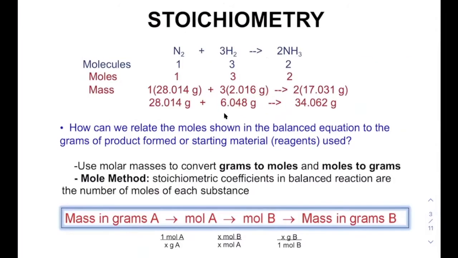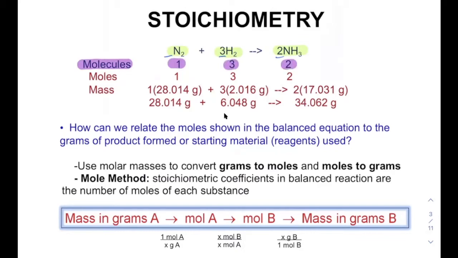So if we're talking about taking nitrogen, reacting it with hydrogen, giving us ammonia, in the balanced chemical reaction, we have 1 molecule of nitrogen combines with 3 molecules of hydrogen, giving us 2 molecules of ammonia. If we look at the table below, in terms of molecules, we have 1 N2, 3 H2, and 2 NH3.